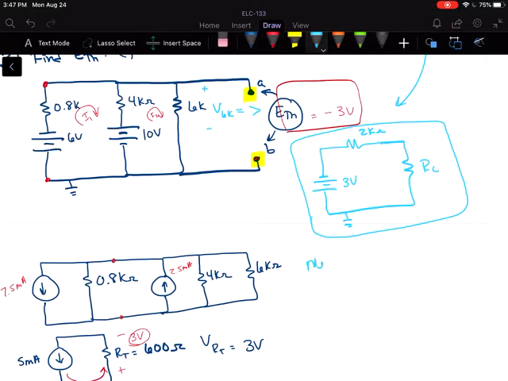So if we did mesh analysis, we would have, let's see, 4.8K times I1 minus 4K I2 equals, and it looks like that's a negative 6 minus 10. And then my second equation would be minus 4K I1 plus 10K I2. And then we have just the 10 volts, the positive 10 volts there.